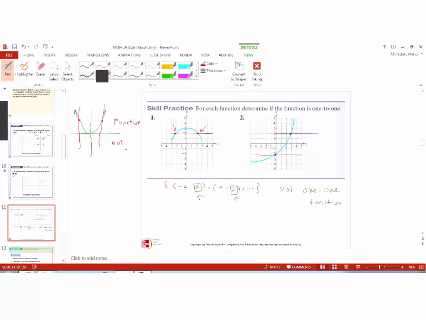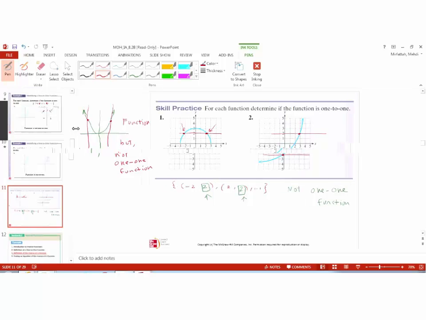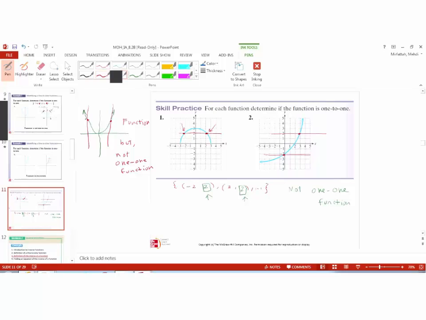Okay, but not a one-to-one function, because it does pass the vertical test. It shows that it's a function, but it's not a one-to-one function because it is not going to pass the horizontal test.